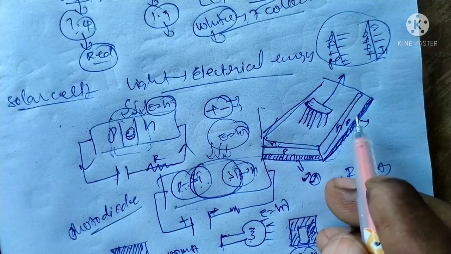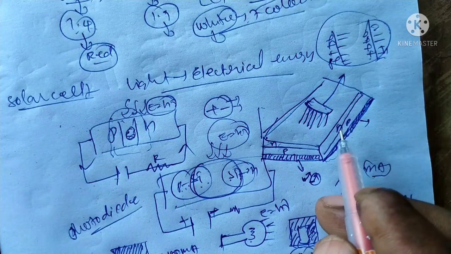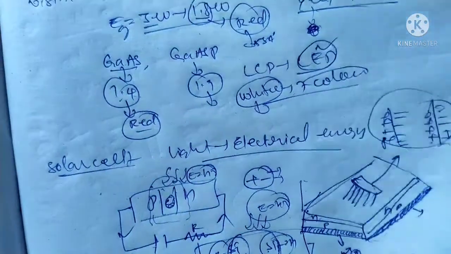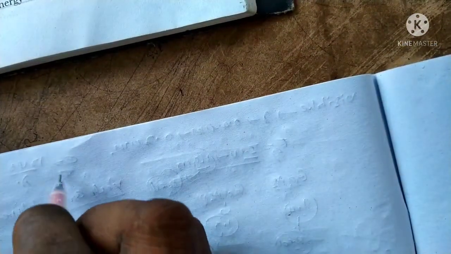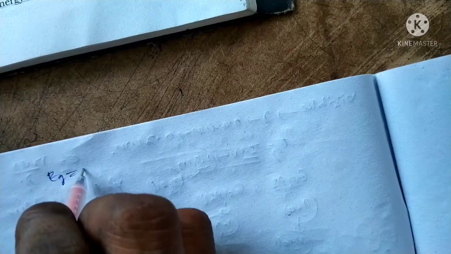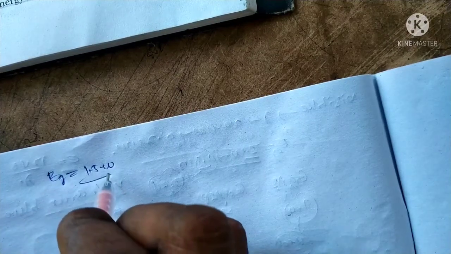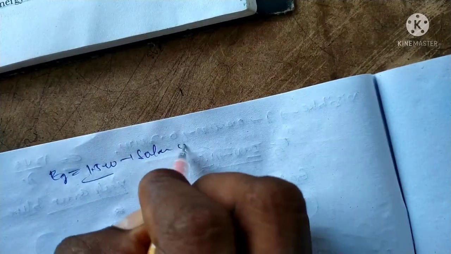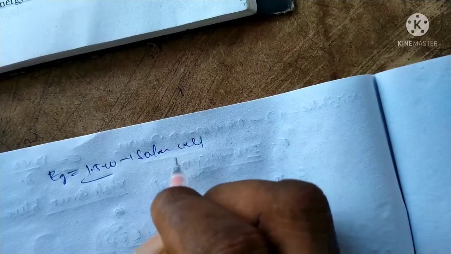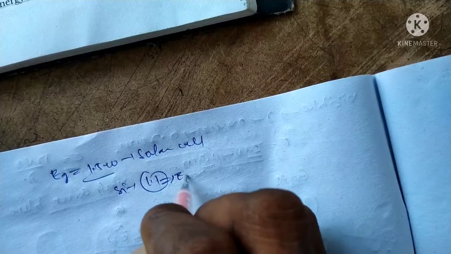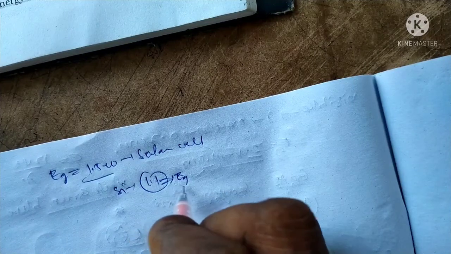Low band gap energy materials are used in solar cell materials. Suppose the energy gap of a material is 1.5 electron volts, that is an ideal solar cell. For example, silicon has an energy gap of 1.1.